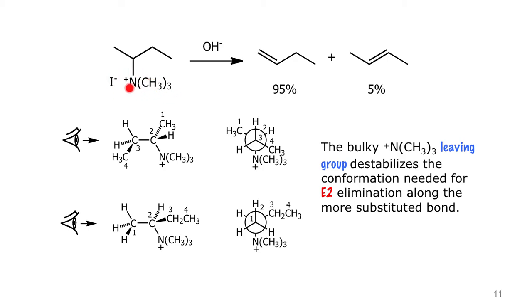It's a trimethyl ammonium salt of this 2-aminobutane. And this ammonium salt is sterically very large. Think of this as almost the size of a T-butyl group. And I'm going to highlight that so that we understand that its steric size is extremely important.